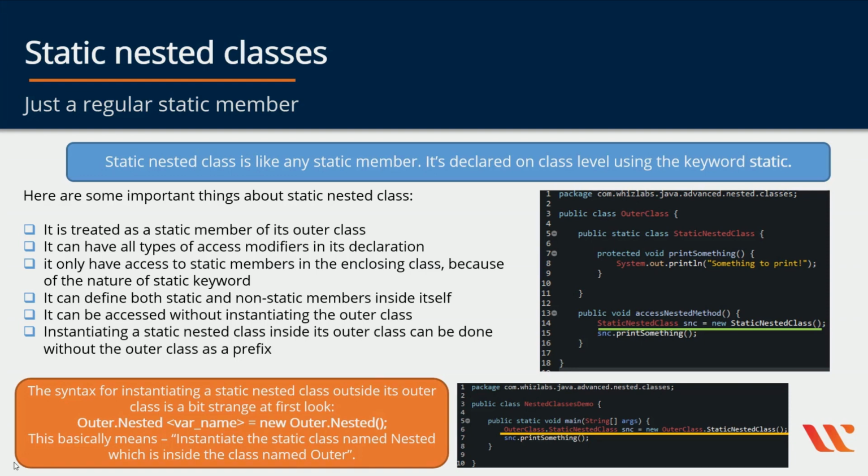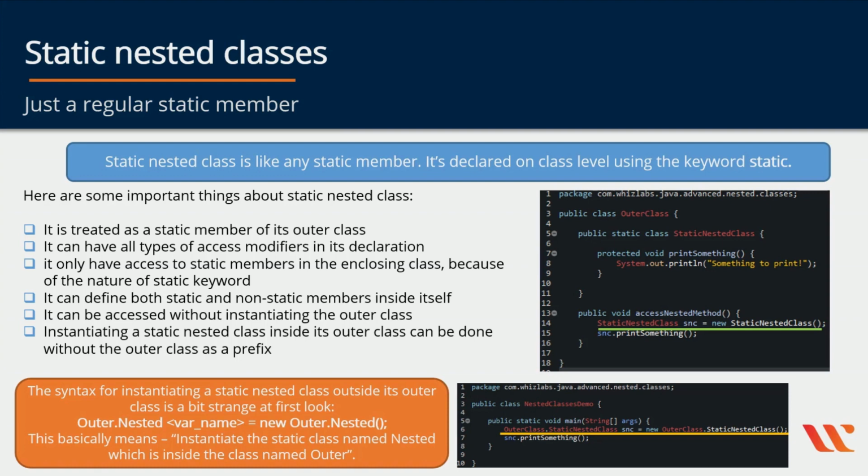The syntax is strange, it doesn't really fit into the whole Java world, but it is what it is. This syntax basically means instantiate static nested class named static nested class, which is inside the class named outer class. As we said, we can instantiate the static nested class without needing an object of its outer class, so that's just how we refer to static nested classes while trying to instantiate them.